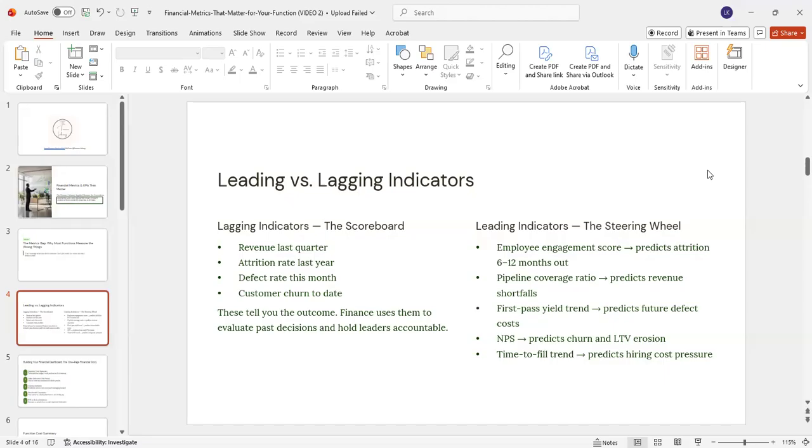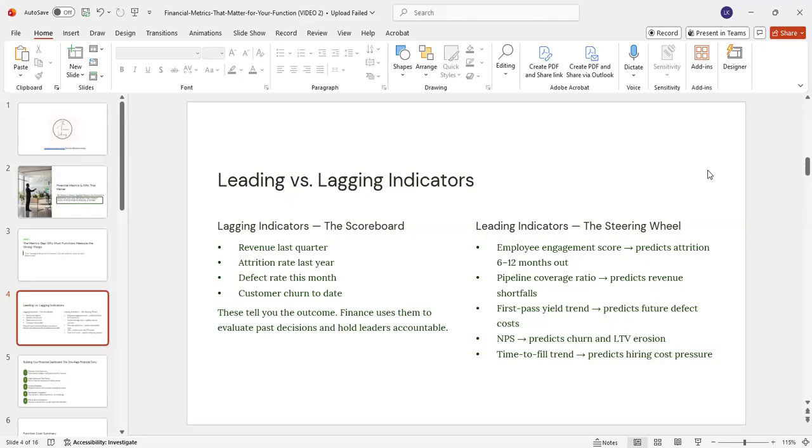Or from a marketing standpoint, you might look at the net promoter score. For those of you who are unfamiliar with that, it is the percentage of favorable customers relative to the percentage of detractors. When this ratio is low, it tends to predict churn and long-term customer value erosion.